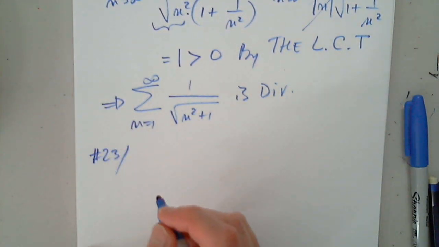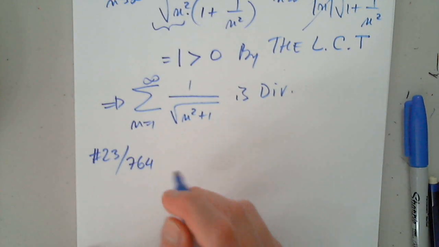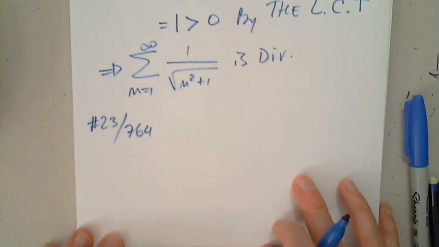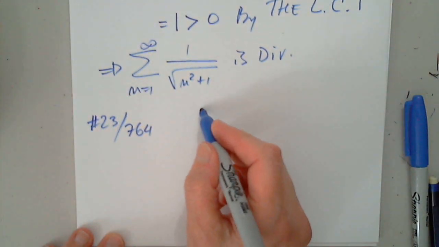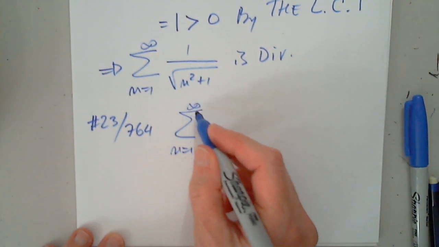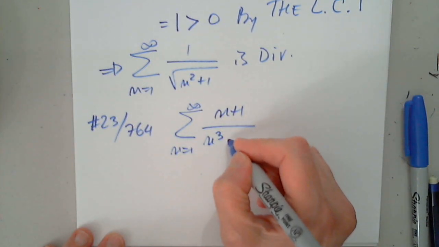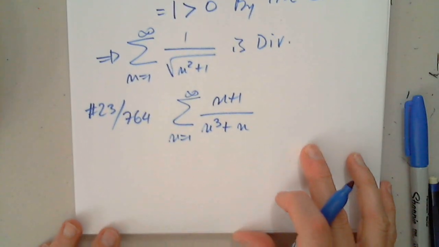Same page, 764. Let's see how we are on time. Close. Okay, 23. So we have the sum, n equals 1 to infinity, n plus 1 over n cubed plus n.